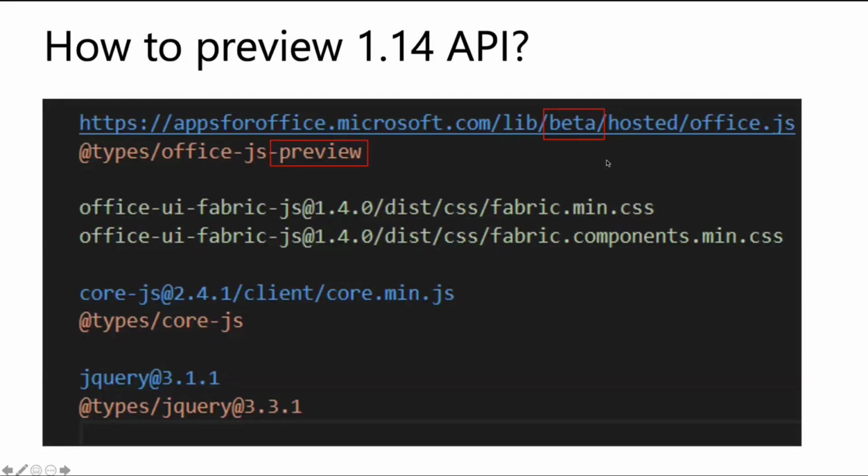For how to preview this API, many of you already know, but for those new to the JS platform, you can change the 1.0 to beta, and also add the preview to have IntelliSense on your API.